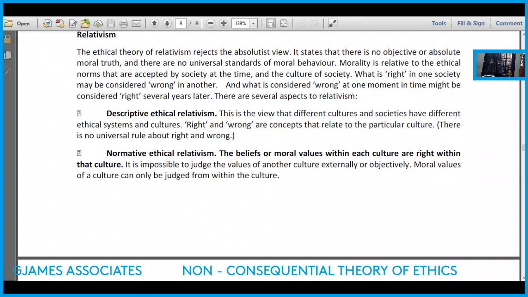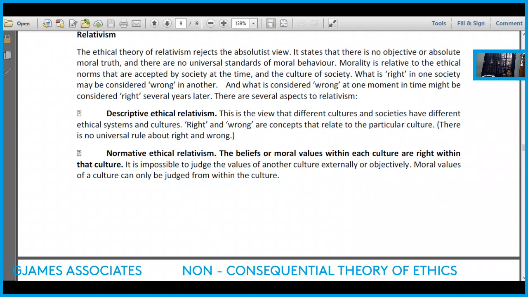What is right in one society may be considered wrong in another society. And what is considered wrong at a moment in time might be considered right several years later, because things keep changing. And we can break relativism down also into descriptive.